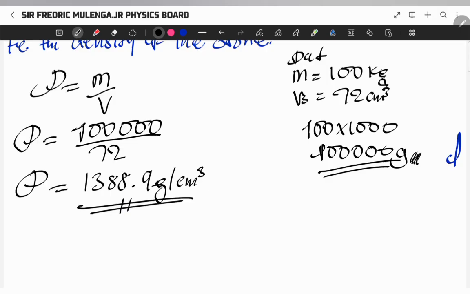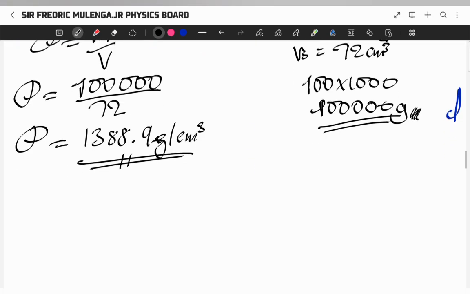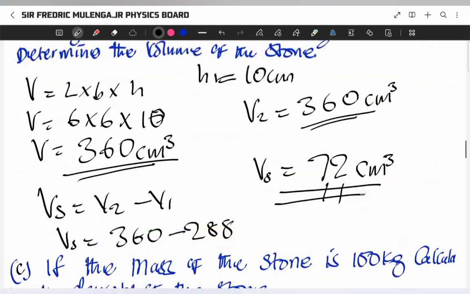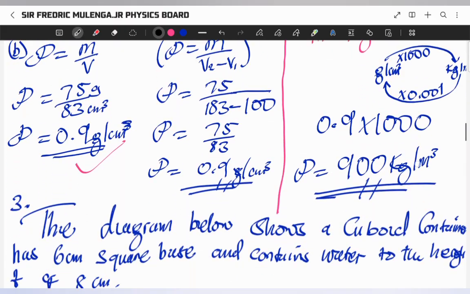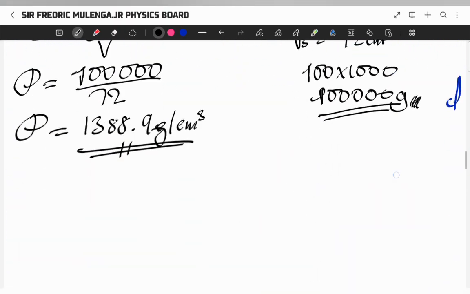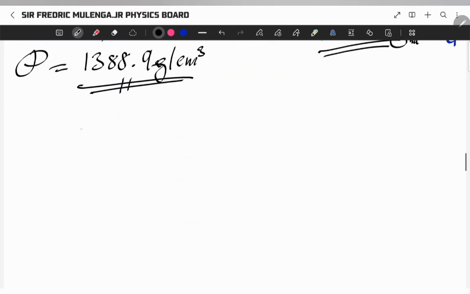Then if you want now to take it into kilogram per meter cubic, we can use that method. When we are moving from grams per centimeter cubic, we always multiply by 1,000. So let's convert that one into kilograms. So we multiply it with 1,000.